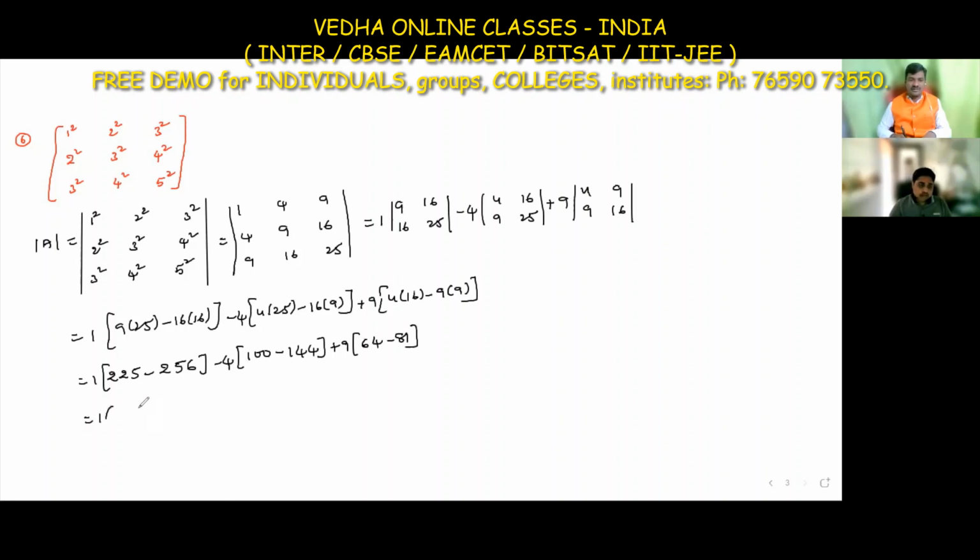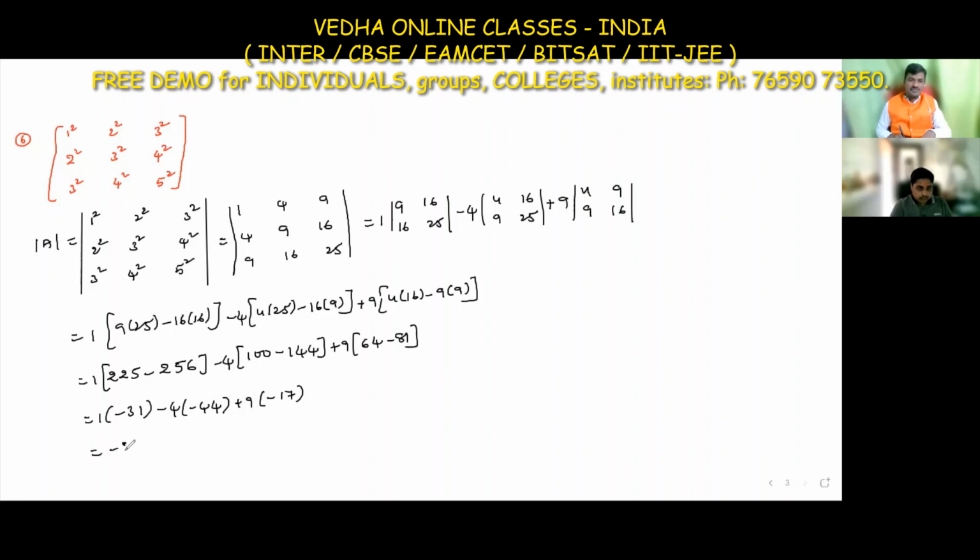So this equals 1 into 225 minus 256, which is minus 31. Minus 4 into 100 minus 144 is minus 44. Plus 9 into 64 minus 81, which is minus 17. Is it right? Yes, sir.